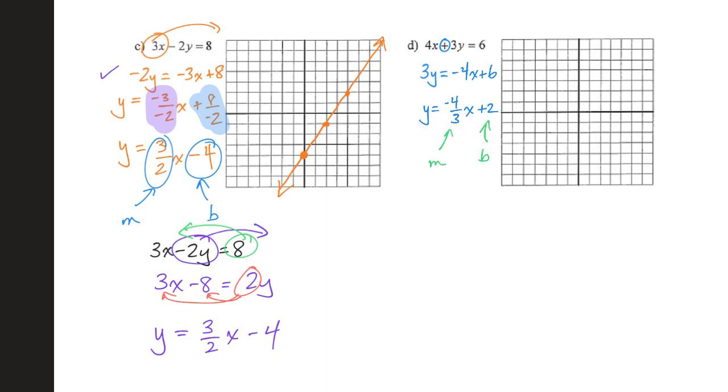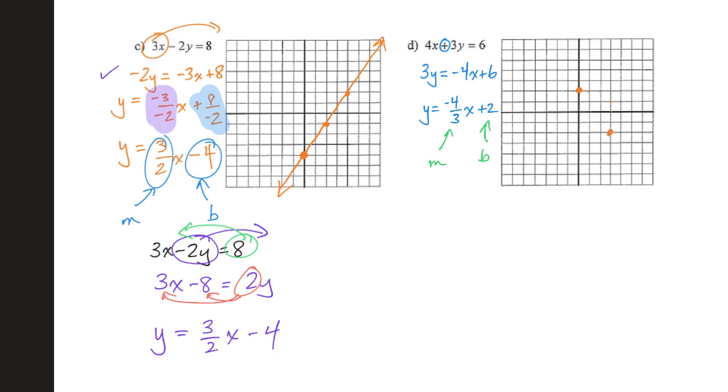You never need to show me that. We should then be able to go through, plot your y-intercept, and move according to slope. I have a run of 3 and a rise of -4, and that gives me my second spot.